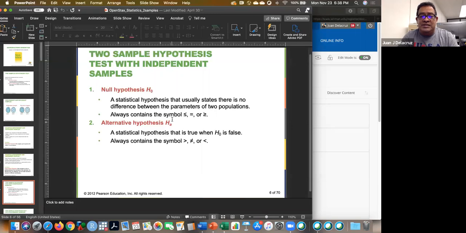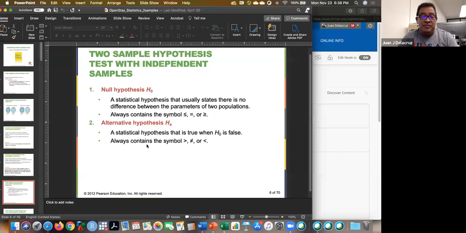The alternative tells me the type of test, and the null hypothesis tells me whether I reject or fail to reject the null hypothesis, and therefore the claim. That is something that we did before.